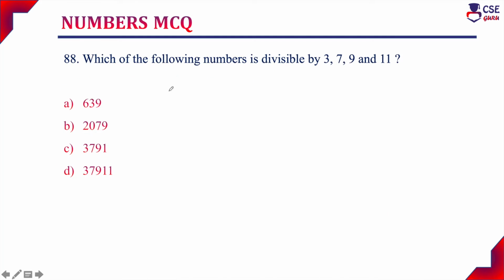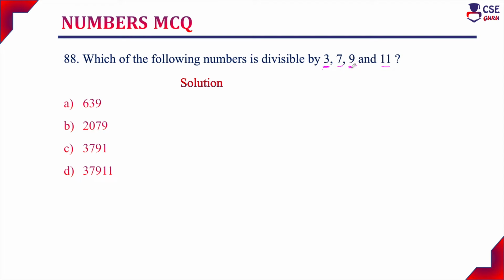Next, problem number 88. Which of the following numbers is divisible by 3, 7, 9 and 11? The divisibility rule for 3 is that the sum of its digits should be divisible by 3, and it is applicable for 9 also.